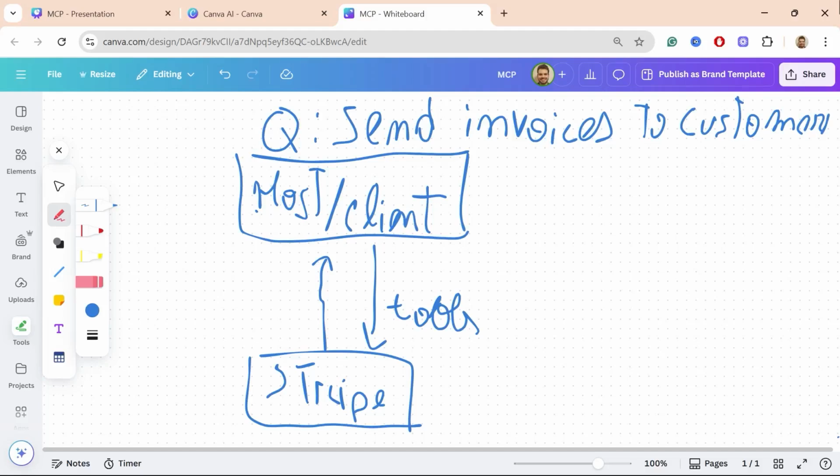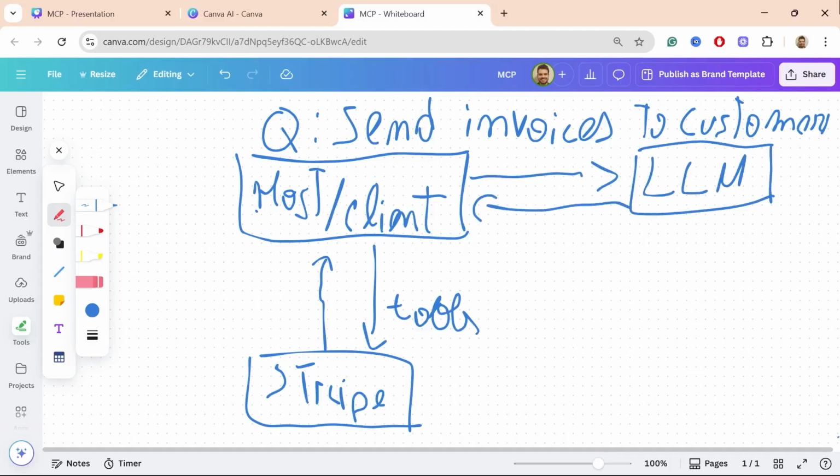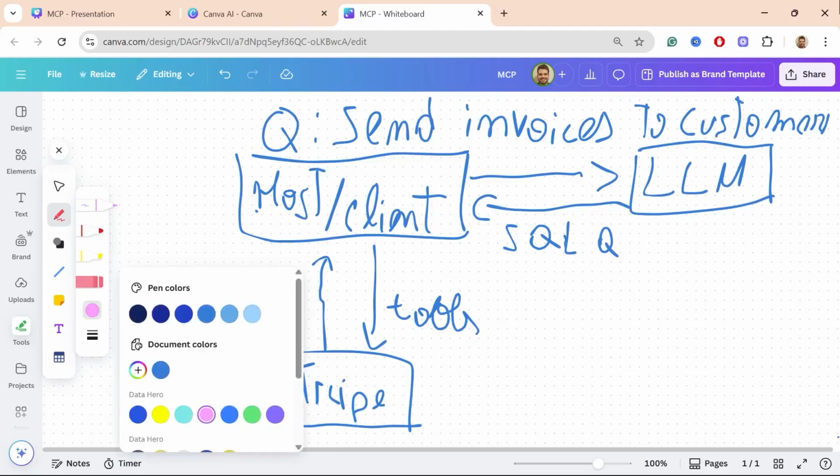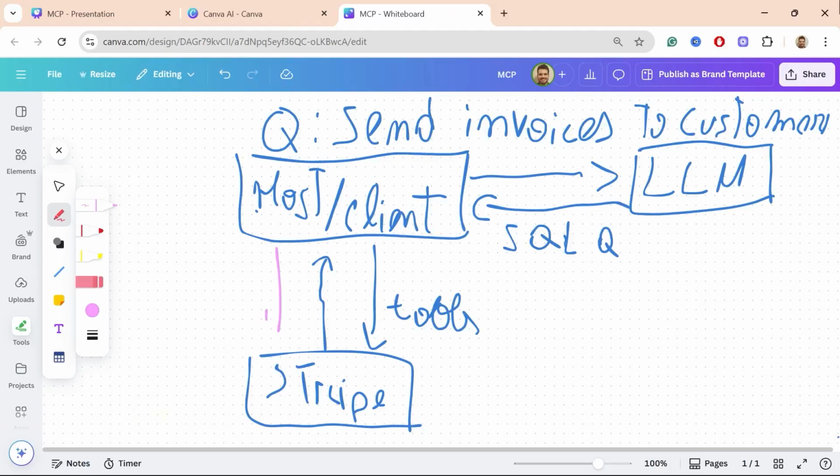So then our host is going to go to our LLM, and the LLM is going to be like, hey, build a specific SQL query, so they use this specific query to figure out who these customers are. And then the host client sends the query to Stripe again. So, okay, we're going to send the SQL query here.